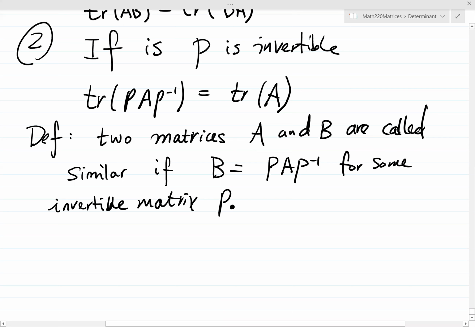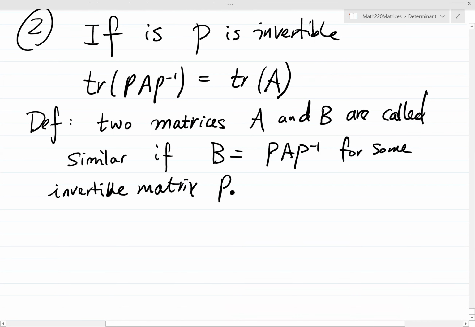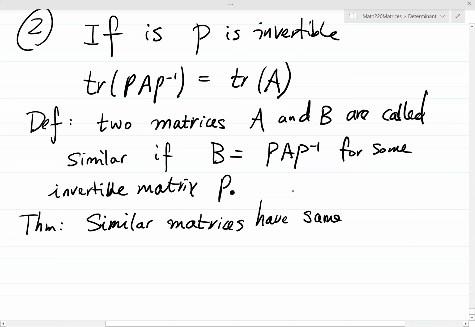We prove this theorem: similar matrices have the same characteristic polynomial.